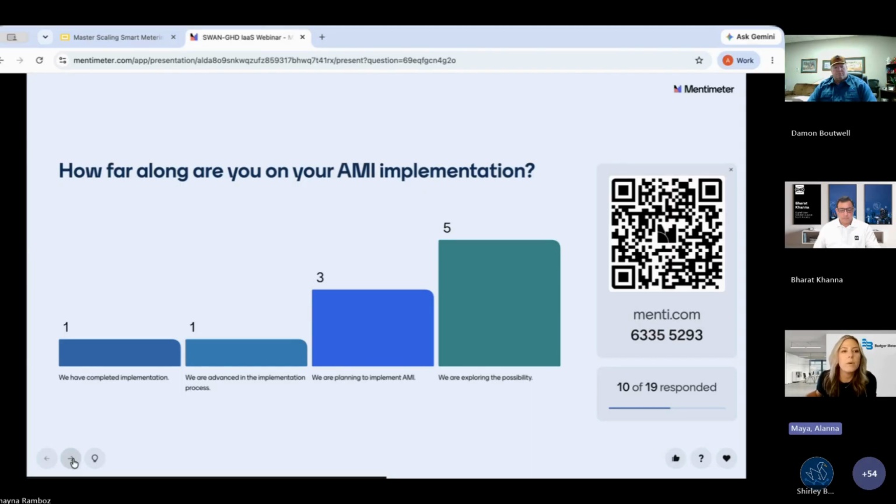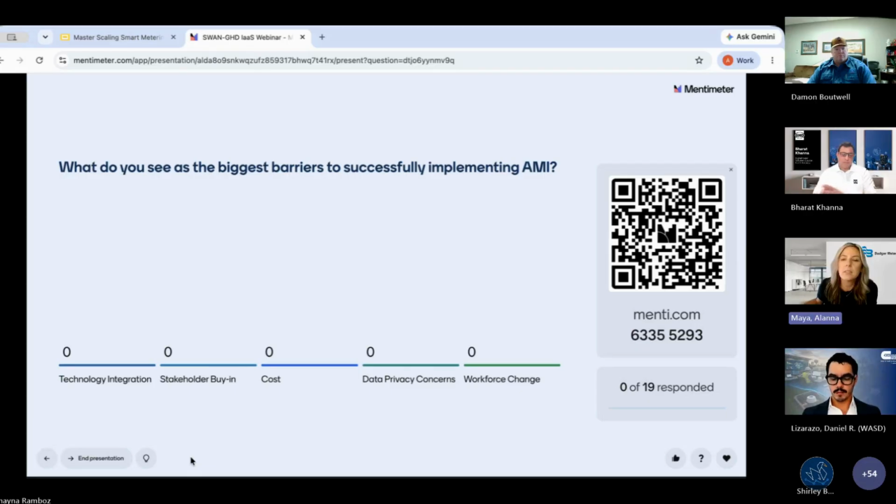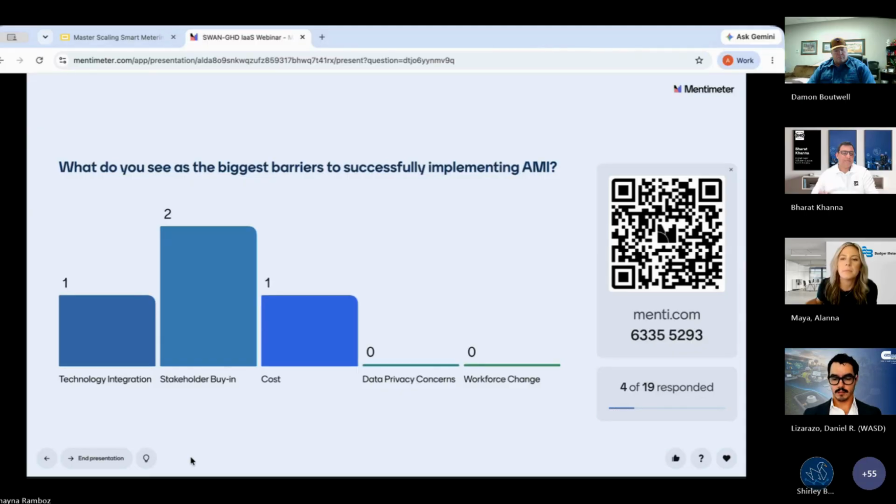So we've got another question. Next question: what do you see as the biggest barriers to successfully implementing AMI? Some changes here.